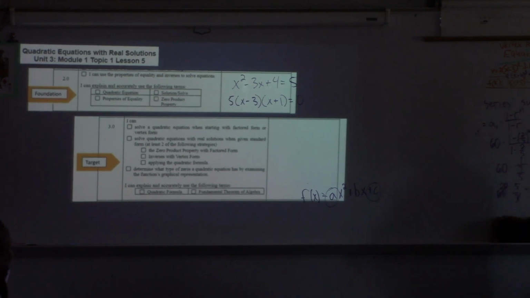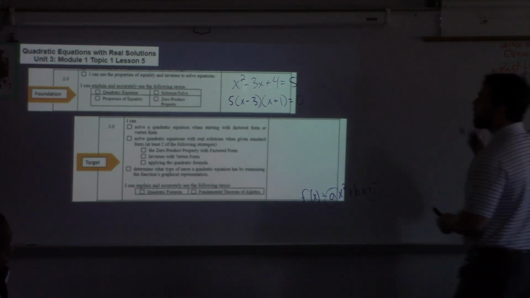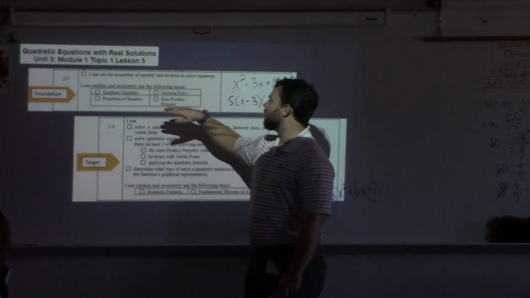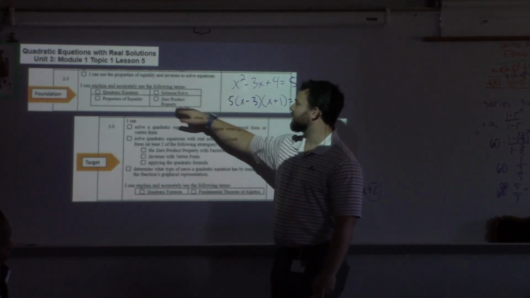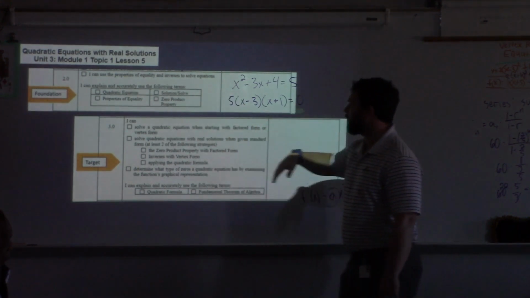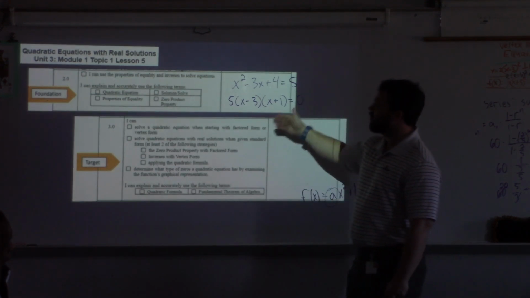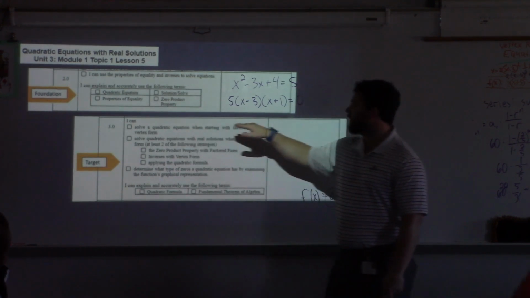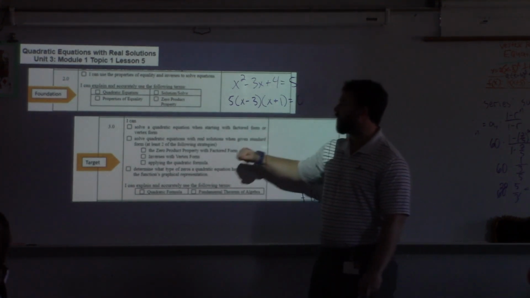So these would be equations that we're trying to solve, find the solution to, and we're going to use some of these ideas of properties of equality. I should have put inverses in here, I'll fix that. Zero product property, etc. And then we're going to move into this target section of being able to solve a quadratic equation when starting with factored form or vertex form.